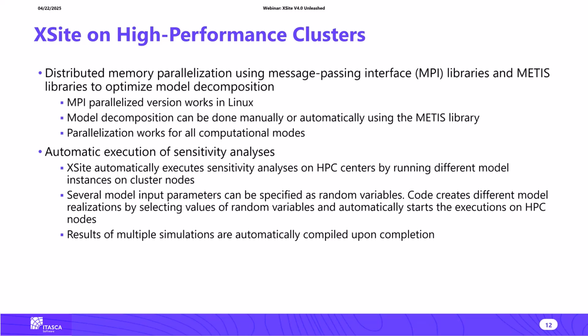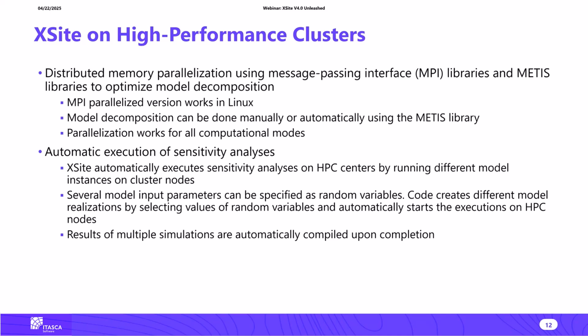So now, for the first time, the capability to run XSite and take advantage of distributed memory parallelization using MPI libraries is commercially available. With this capability, one model can be run on clusters of computers, and the model is run more efficiently by decomposing it and running different parts of the model on multiple computer nodes.